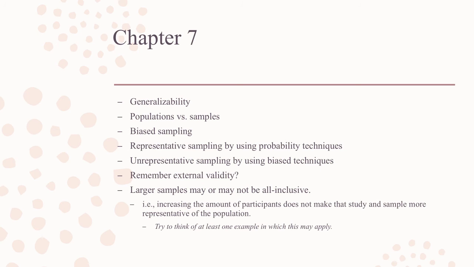What I mean to say is increasing the amount of participants you have doesn't make your results generalizable to the population. And I want you guys to try to think of at least one example in which this may apply. I think I have included an example, so I will press the next button to see if I do.